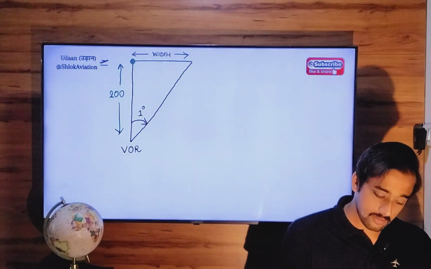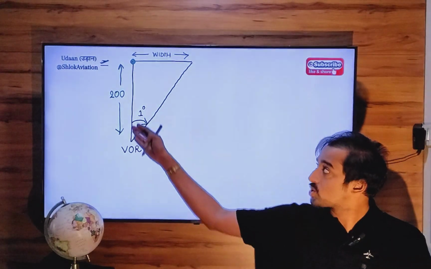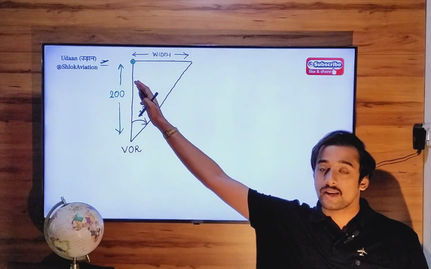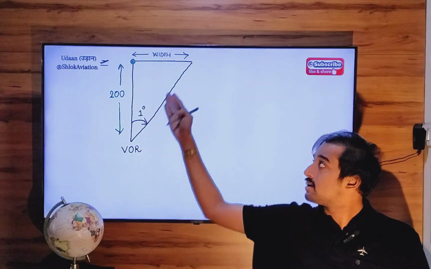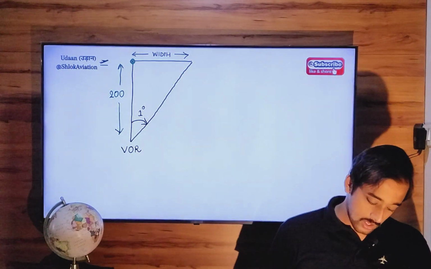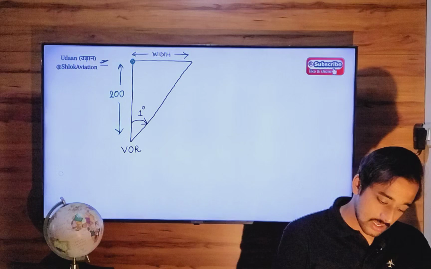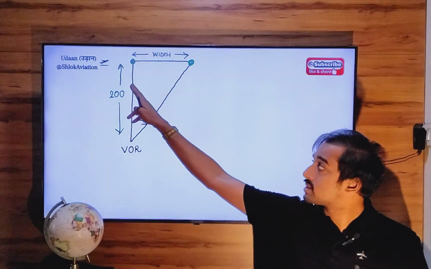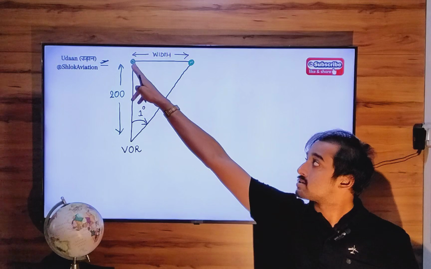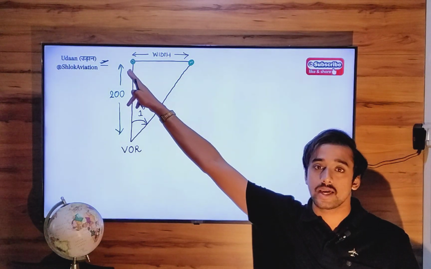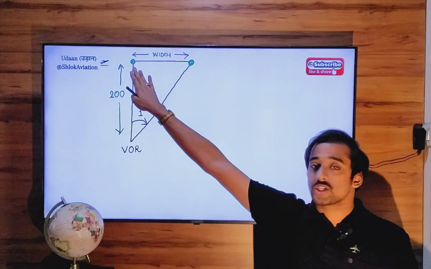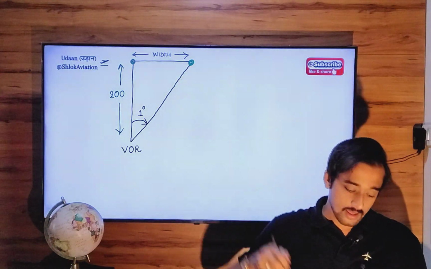Aircraft may be correctly established on this radial, or if it has gotten a wrong radial and followed that radial, it will find itself somewhere here instead of being correctly established on this radial. So we have to find the width between the correct position and the wrong position.